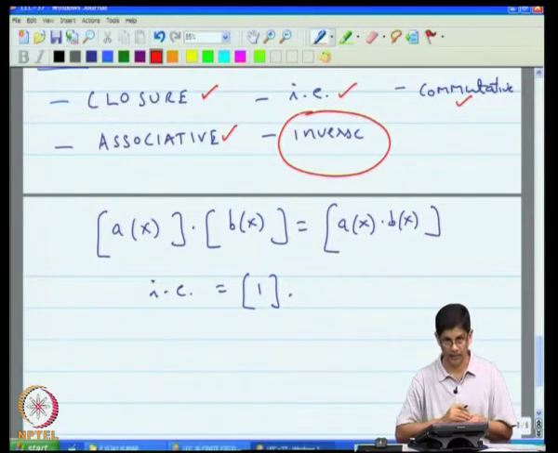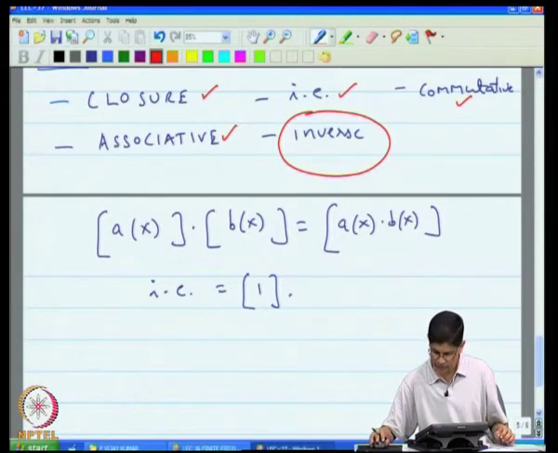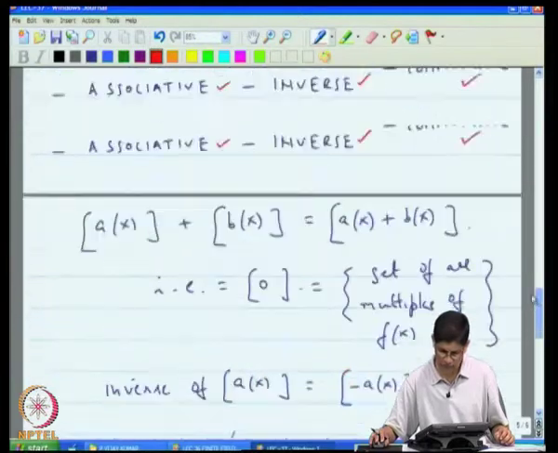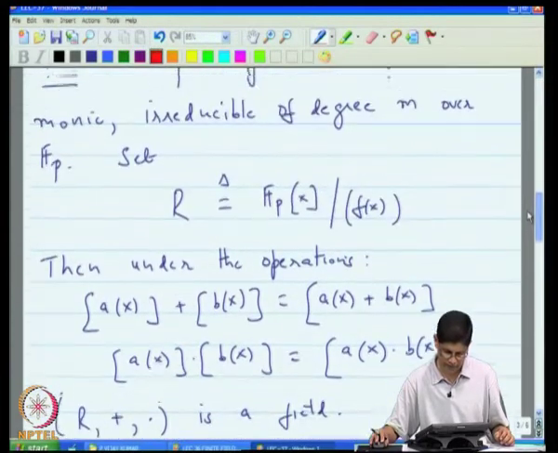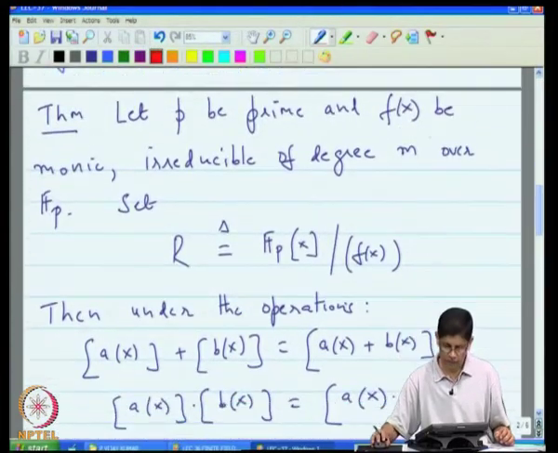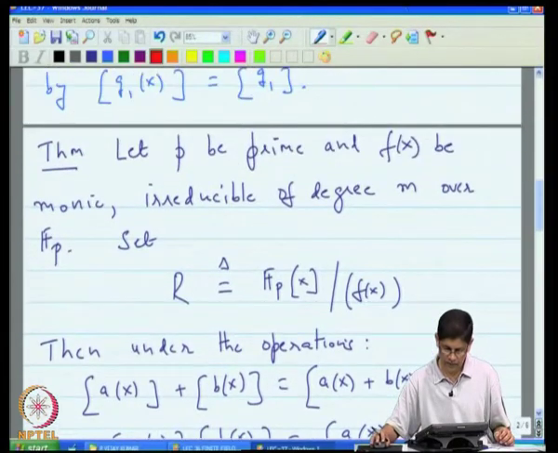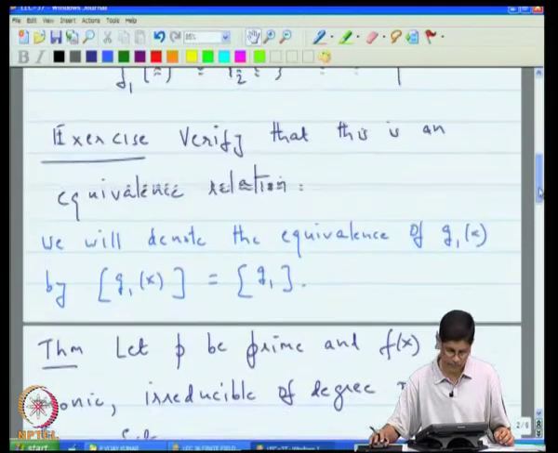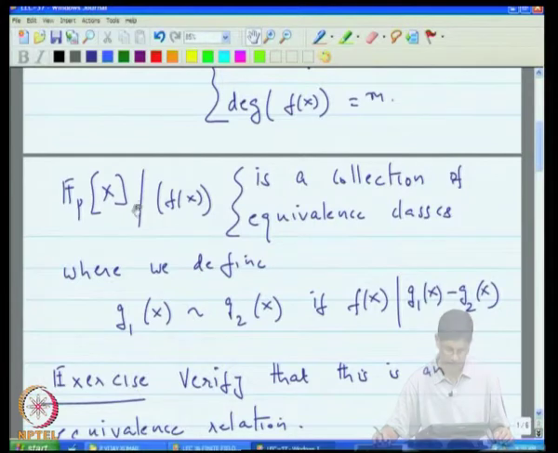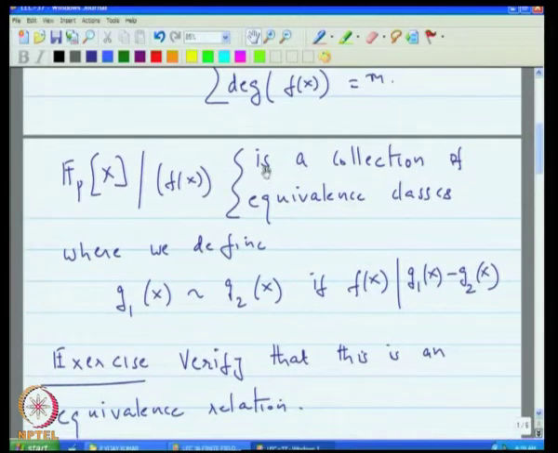How do you actually get the inverse? If you think about it, up to now we have not used the fact that this equivalence class was defined with respect to an irreducible polynomial f of x. We said that this set is a collection of equivalence classes where we define two polynomials to be equivalent if f of x divides their difference.